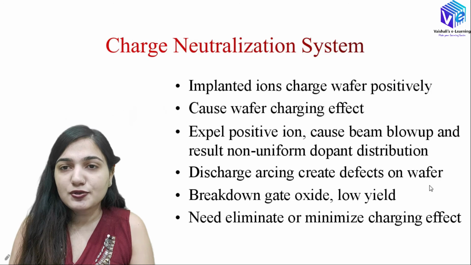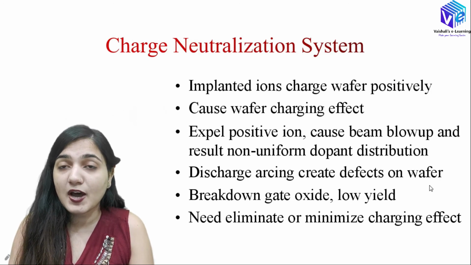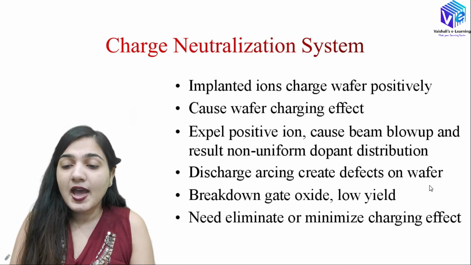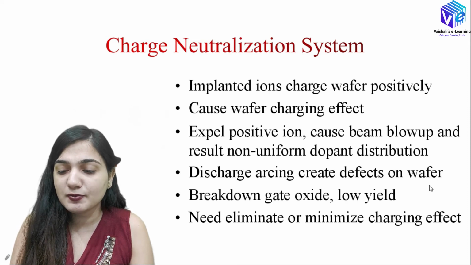Now coming to the charge neutralization system, we have the implanted ions which are going inside the wafer, which will be making the wafer positively charged, and it will be causing the wafer charging effect. It expels the positive ions and causes the beam blow up, and it also results in non-uniform dopant distribution.